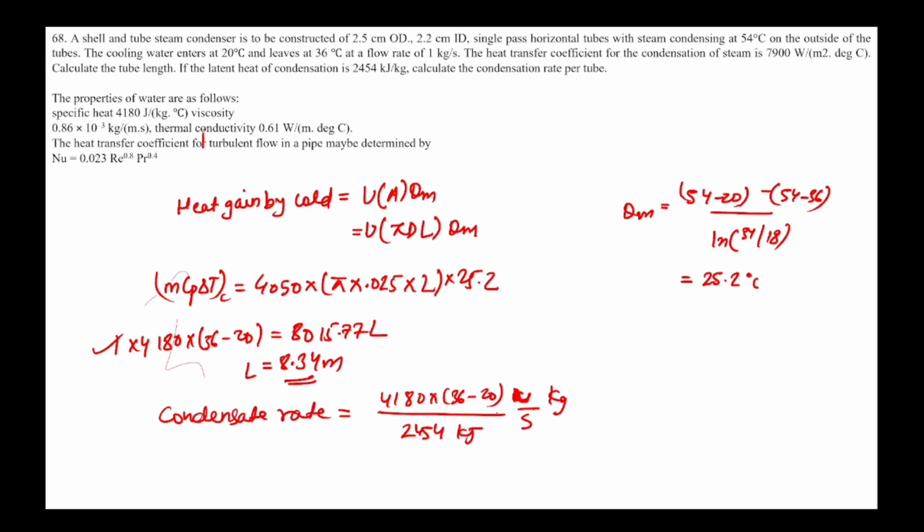This is in kilo, so into 1000, so joule and joule will cancel out. It will come in kg per second. It will give 0.027 kg per second. This is the condensate rate.